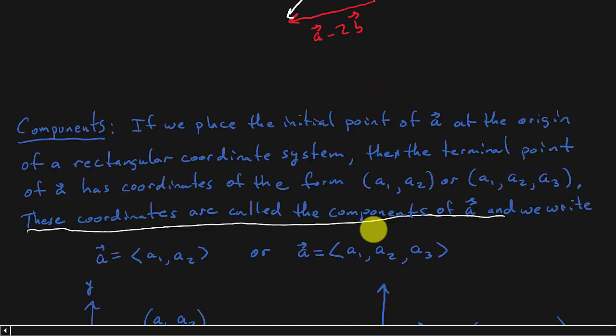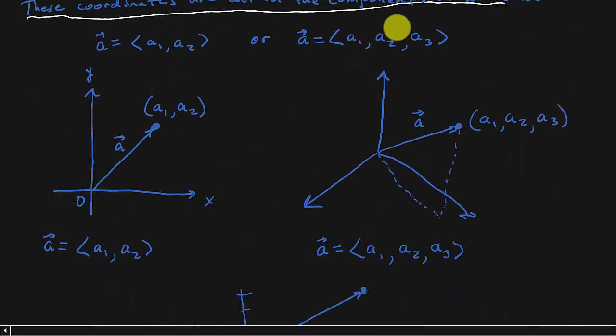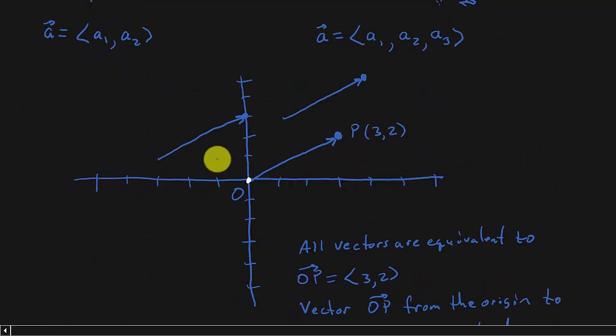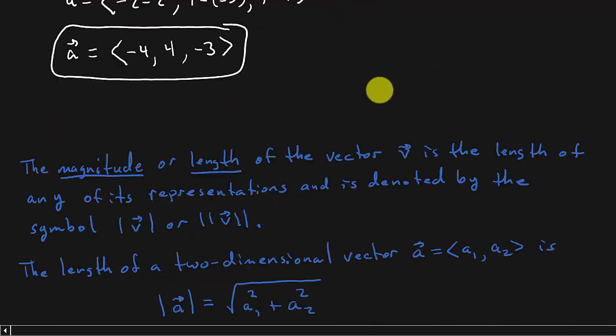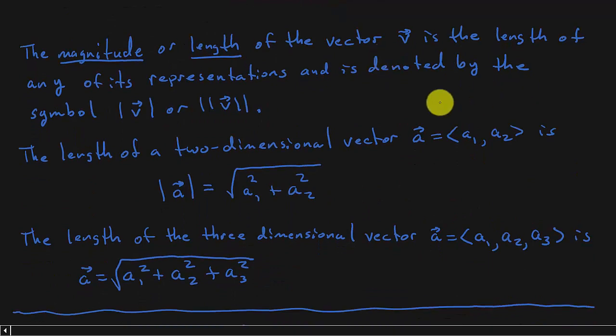The length of all of these is the same, so by any of its representations, and it is denoted by this symbol or this. I don't know how your teacher is going to represent it. In this video, I'll do it with just one line.